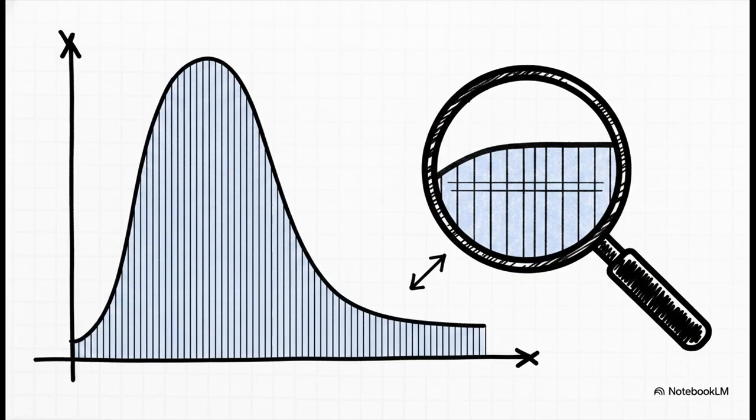Since each tiny little sliver is so impossibly thin, its top is basically flat. So by calculating the area of all these infinitely thin pieces and then adding them all together, you get the exact total area. Boom! That right there, that's the heart of an integral. It is the ultimate mathematical tool for finding the exact total accumulation of, well, anything.